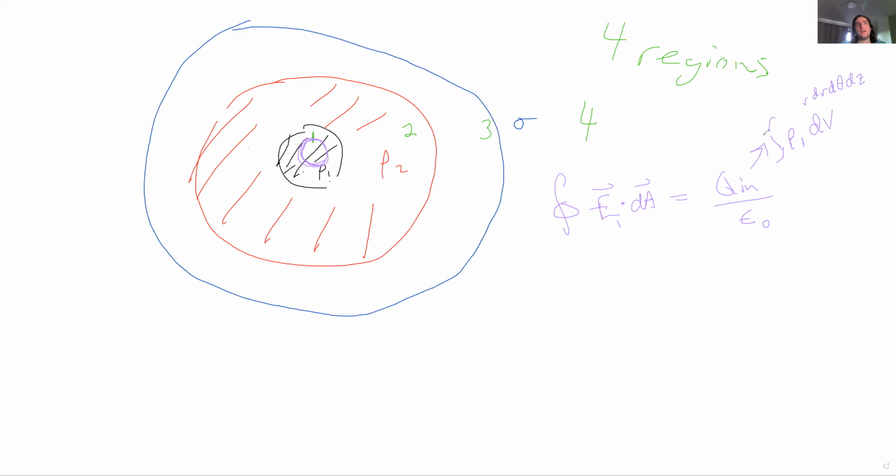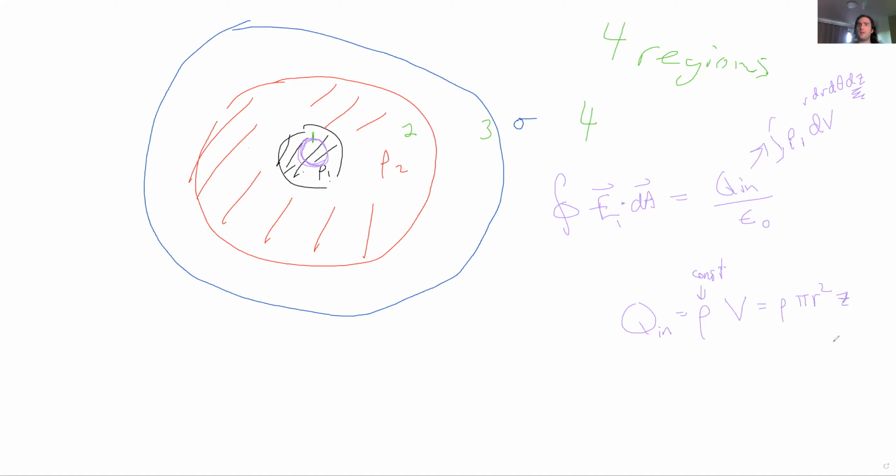So if rho is constant, the integral is super simple. You pull rho out of the integral and multiply by the volume of a cylinder. So Q in equals rho times the volume of the cylinder, which is pi r squared times the height, or in this case, times z.